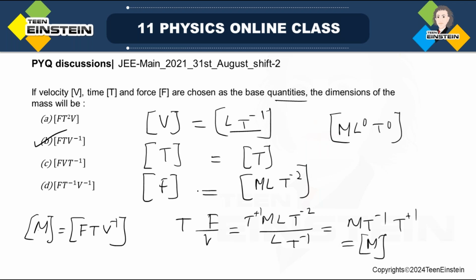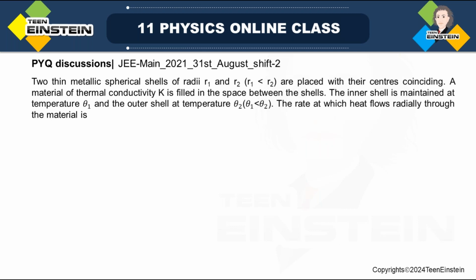Okay, all right, so this was a really very simple problem. Now I have got another problem which is actually very simple if you can remember the formula. So let us see, this is from thermal physics, heat conduction.